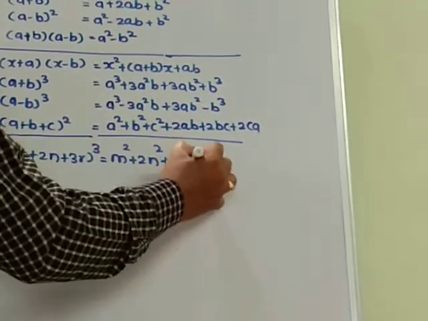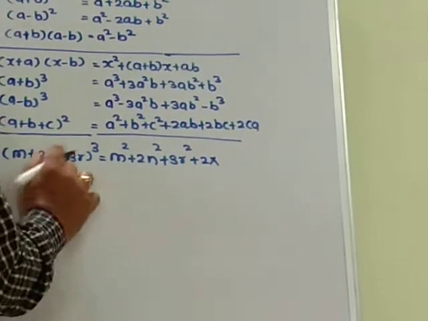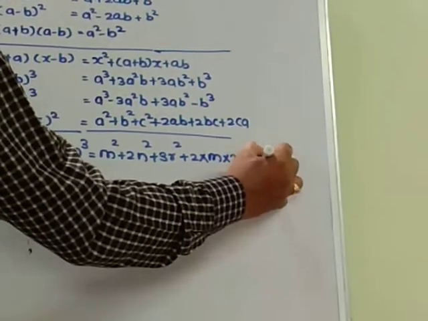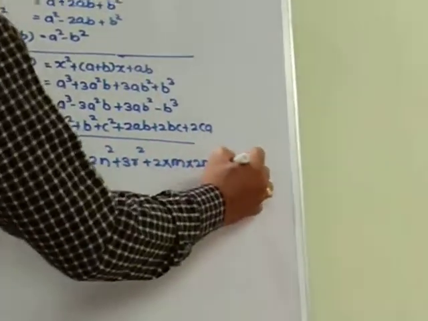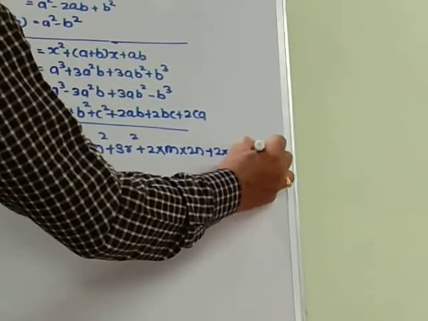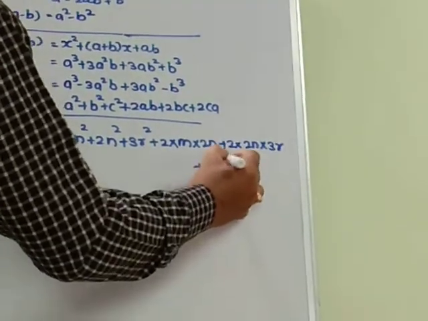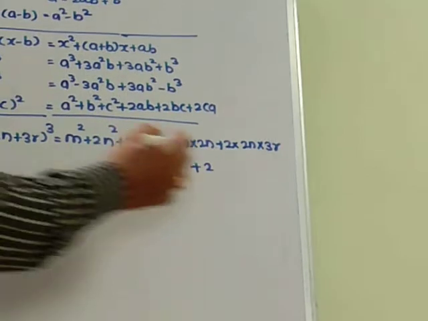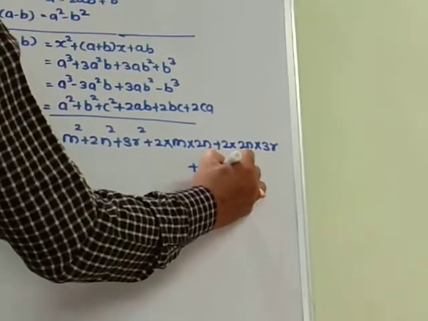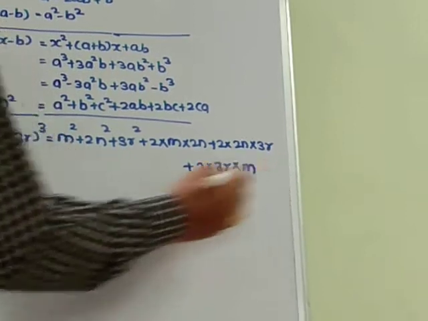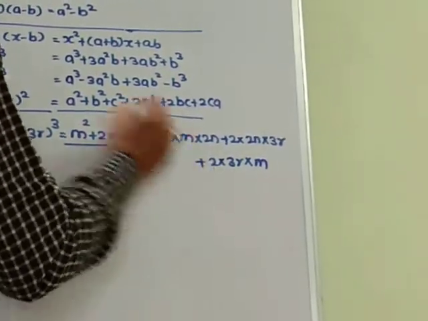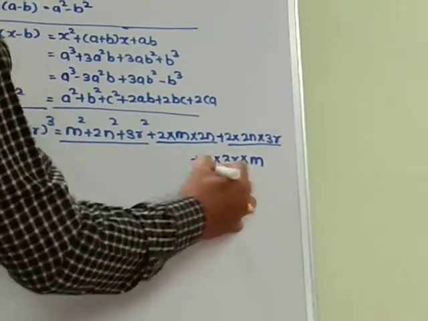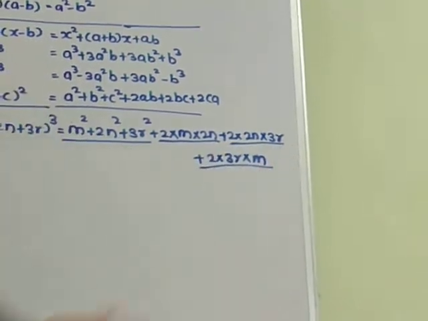Then plus 2 into first term into second term, m into 2n, plus 2 into second term into third term, plus 2 into first term into third term, that is 3r into m. Okay, this is each term square, then 2 into first term into second term, then 2 into second term into third term, and then 2 into third term into first term.